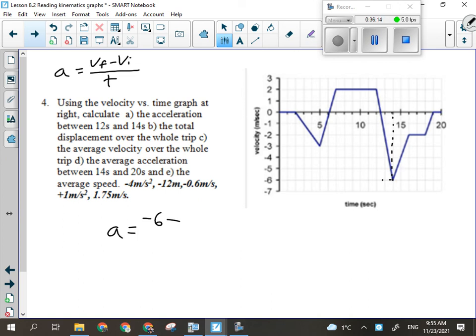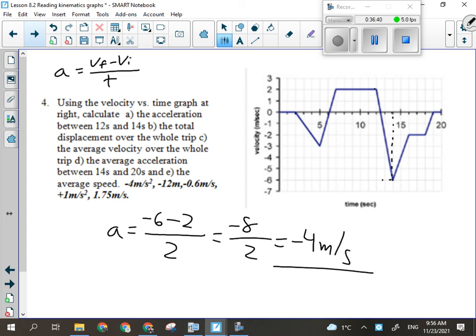Yep, 2, okay, it's up here. And what's my time? 2 seconds. All right, -6 minus 2 is -8 over 2. Okay, so the acceleration during that time is -4 meters per second.